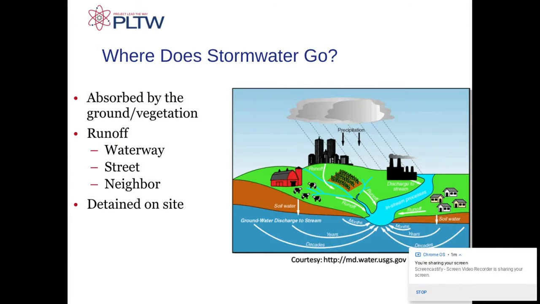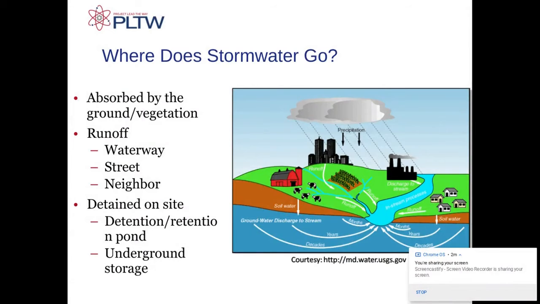A lot of sediment or chemicals, if you're on a farm, can go there. So that's why a lot of times you want to reduce runoff, either keeping on site or improving or increasing the amount that's absorbed. The way you do that is using detention ponds or retention ponds, or you can use underground storage.